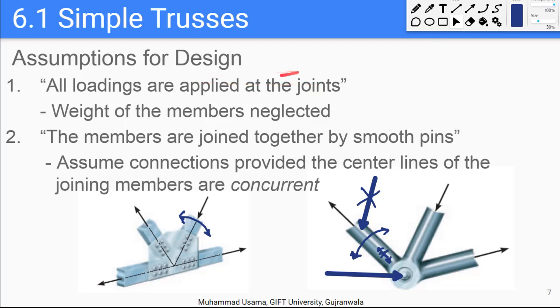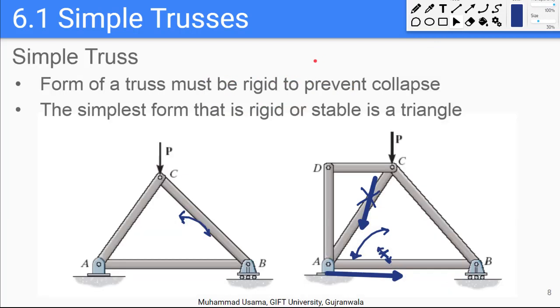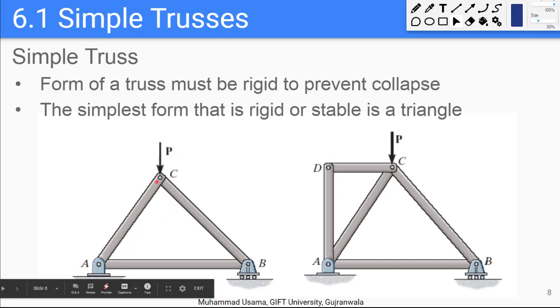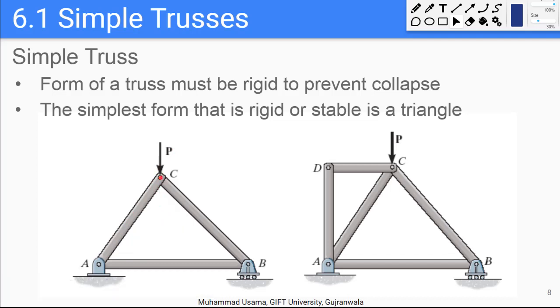So now that we have these two assumptions in place, let's look at some very simple trusses. If we want to make the simplest truss, it should at least have 3 members, because for a truss to be rigid, no end of a member should be free.